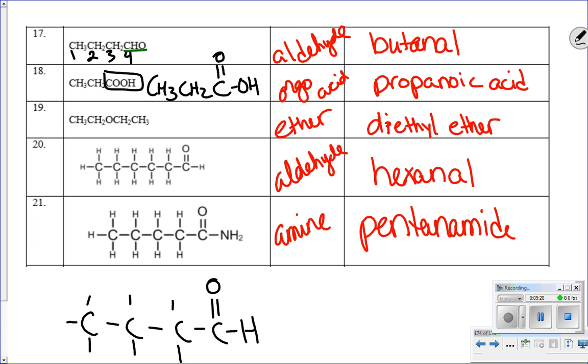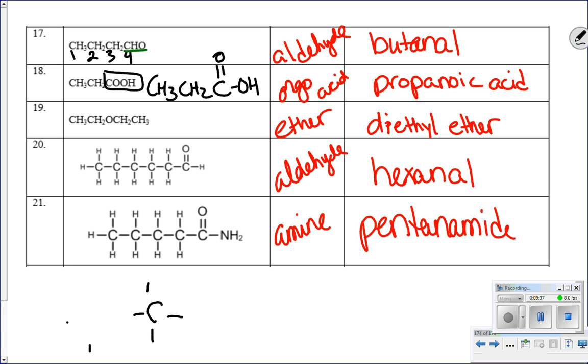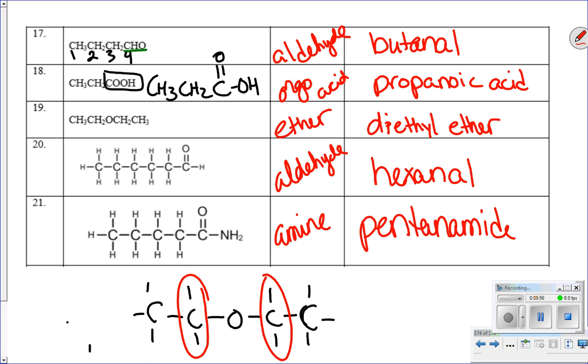The ether can be a little bit tricky when shown in its condensed form. So I'm going to draw number 19 out. I have CH3, CH2, then I have this O that's actually single bonded to that C, and then I go CH2, CH3. So by filling in the hydrogens, it really helps clue you into the fact that these C's right here are each saturated with hydrogens.